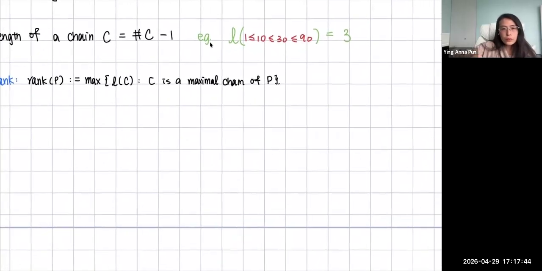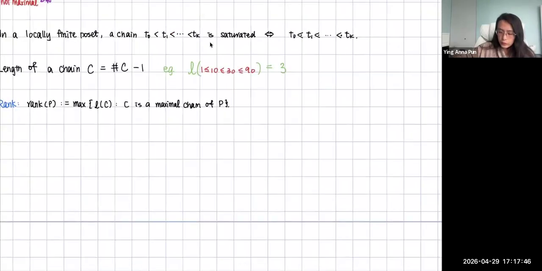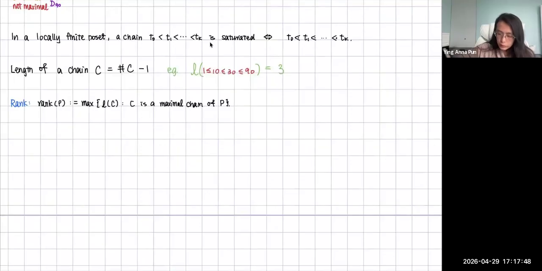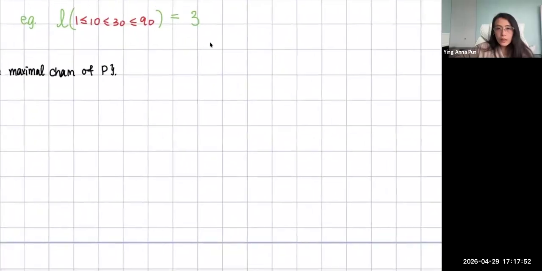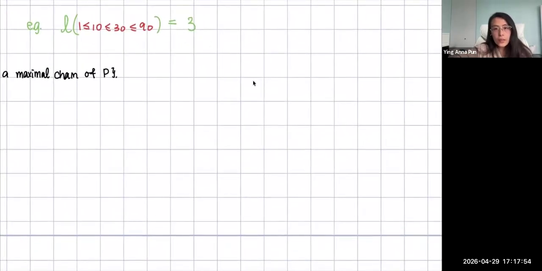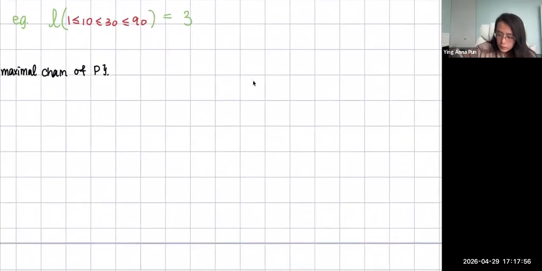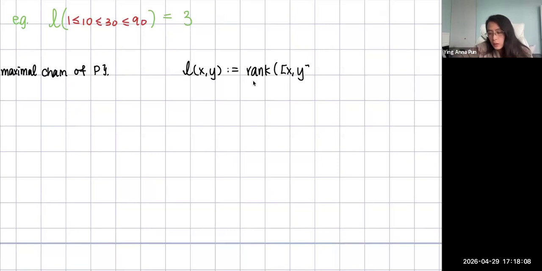And we will also sometimes use this notation. I use L of a chain, but sometimes I would also look at the length of X and Y in a poset. What is that? This is actually the rank of the subposet XY.